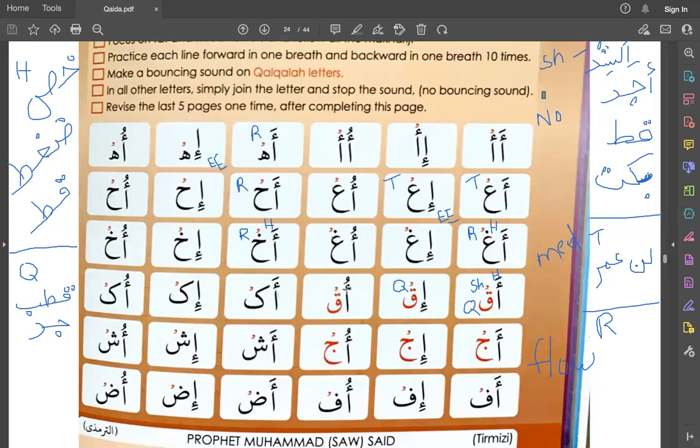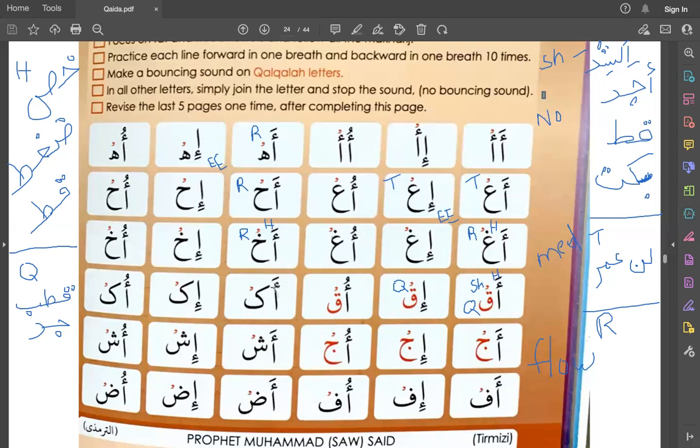For dhamma, circle your lips, but as soon as you say qaf, which is with sukoon, your lips should be in a very normal and natural position. Uqa. Yes, mashallah, you did very well.